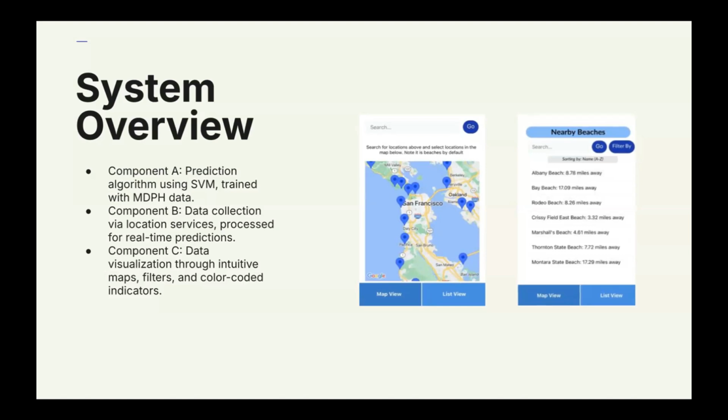This ensures that it's compatible with our predictive algorithm. In addition, by streamlining this data collection, users can easily access information about nearby water bodies without manual searches, enhancing convenience and accuracy of the system.